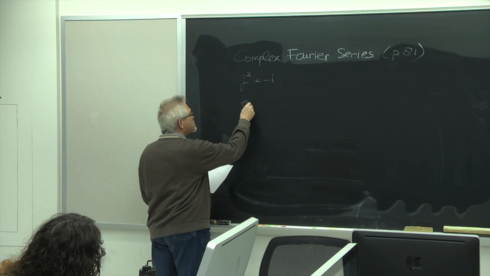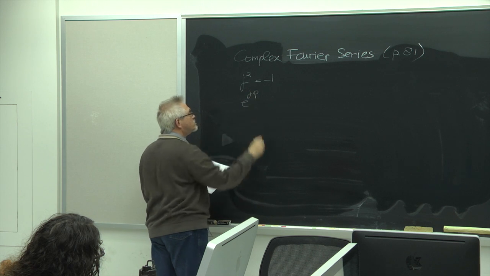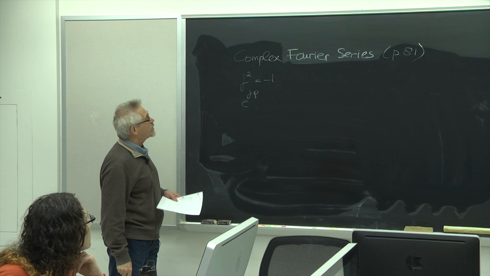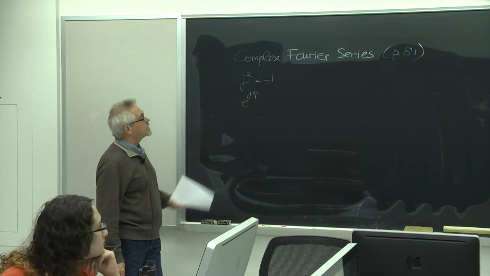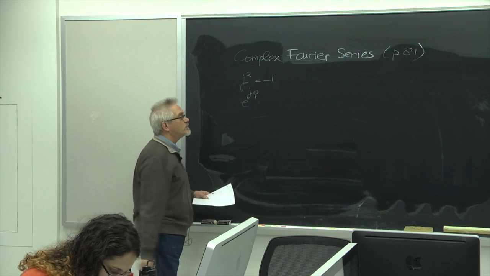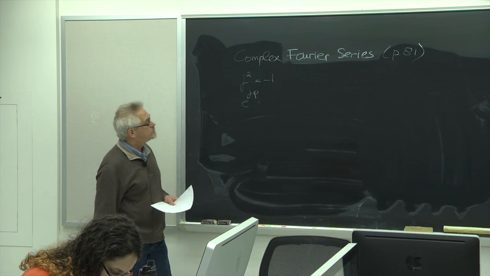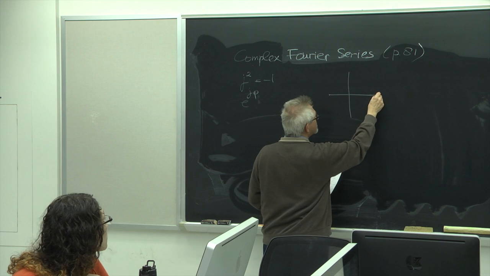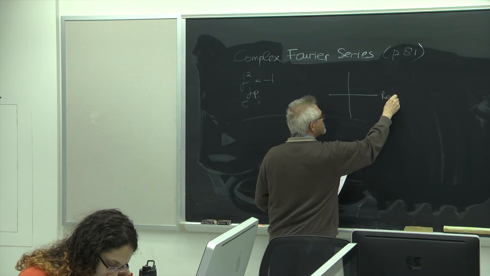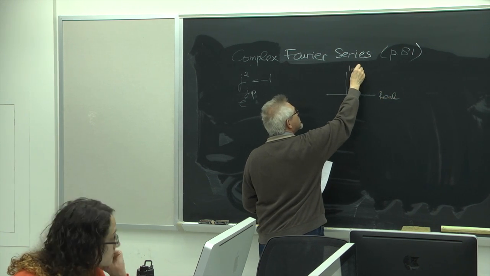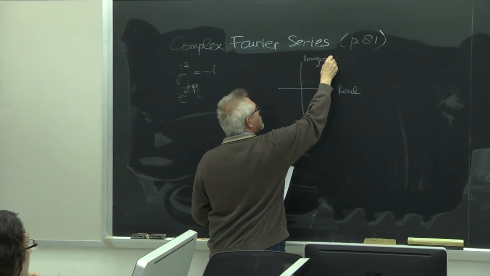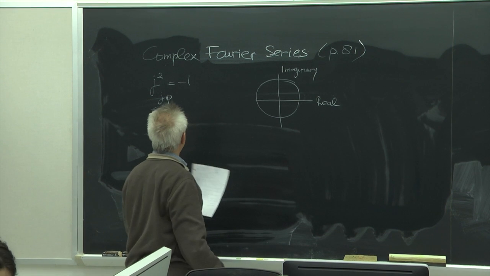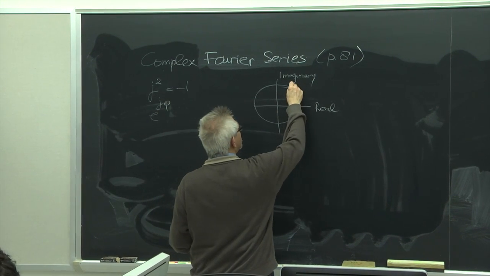And another one that's important is the Euler relationship. If you have an exponential with a complex exponent, you can always represent this, if this is your real axis and this is your imaginary axis, on the unit circle.